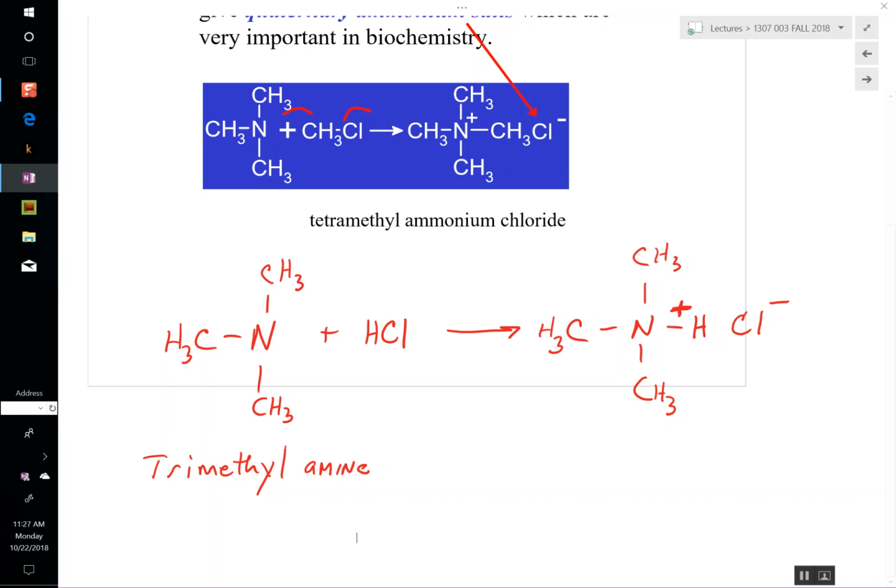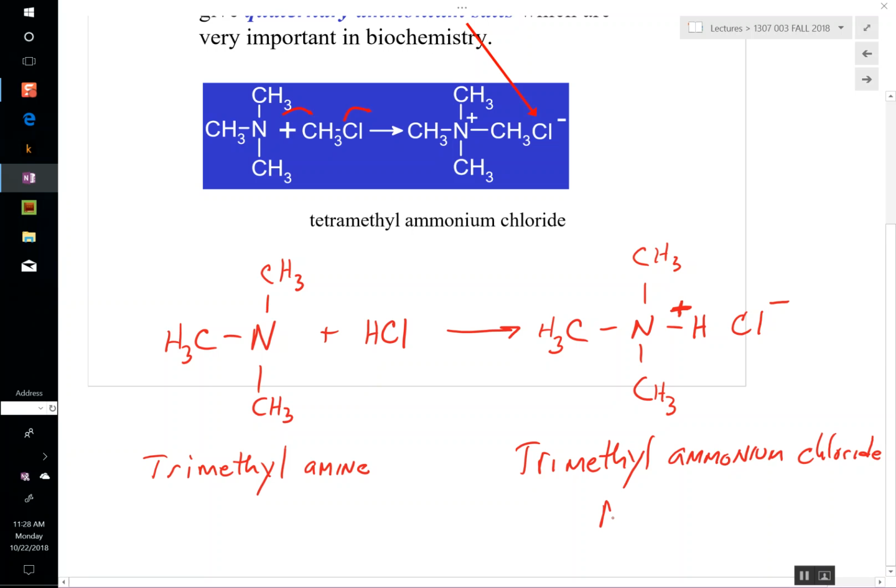All right, so now help me name this. What do we get? What is the name of this? It's a salt. Yeah, just take the amine. Don't change anything except this right here. Just change this to ammonium and add the chloride to it. Trimethyl ammonium chloride.